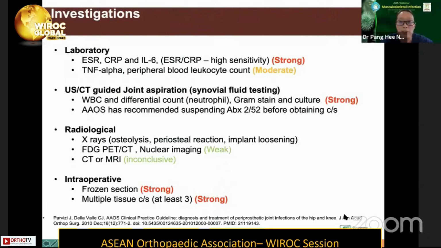The gold standard in diagnosis of PJI is joint aspiration, whether you do an ultrasound or CT-guided aspiration, and you send it for the Synovasure test kit, as well as cell counts and differential counts.